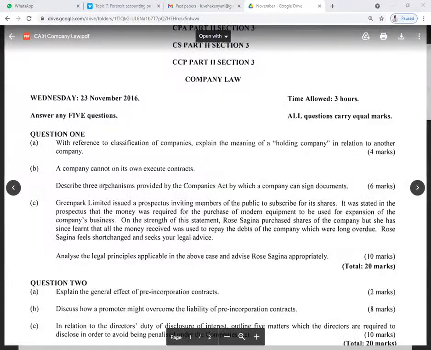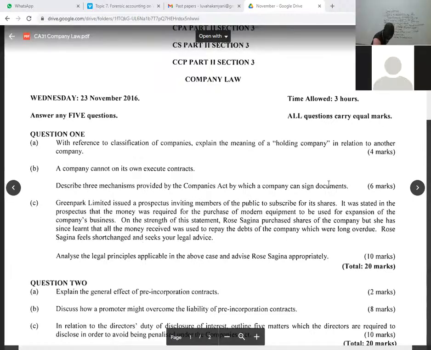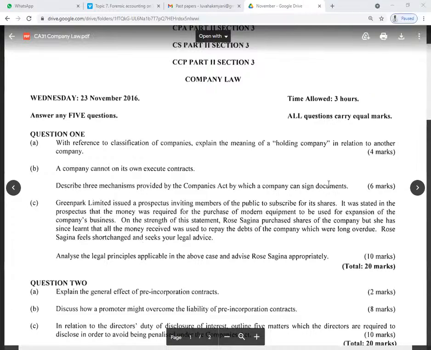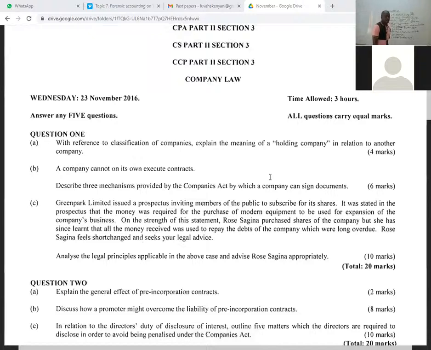So the question is here, it was tested in November 2016. It's question 1C.